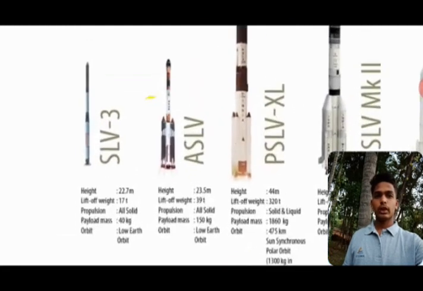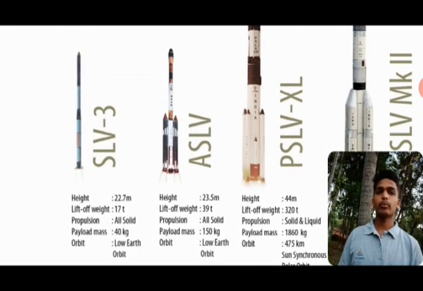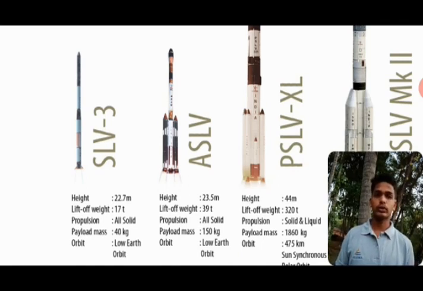The first type is SLV, that means Satellite Launch Vehicle. It was the first developed by ISRO after our freedom. It has height 22.7 meter, lift-off weight 17 ton, propulsion all solid fuels. The payload capacity is 40 kg, orbit low earth orbit.